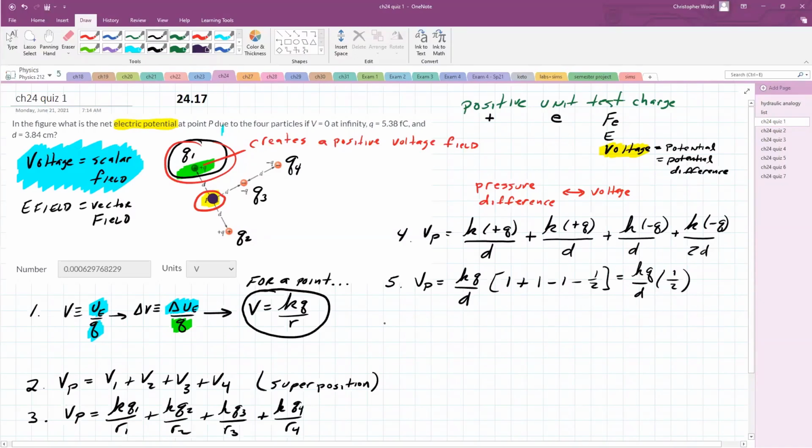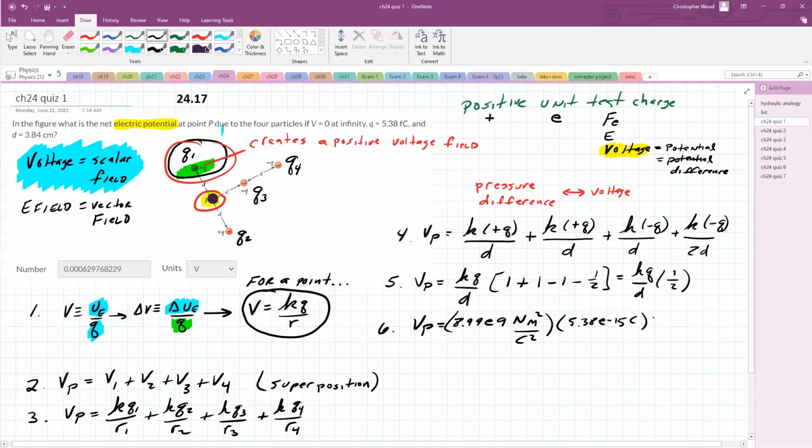All right, so let's actually plug in units. The voltage at Probert's location is K, 8.99 times 10 to the 9th newton meter squared per coulomb squared. That's K. Q is given as 5.38 femtocoulombs, which is 10 to the negative 15 coulombs.